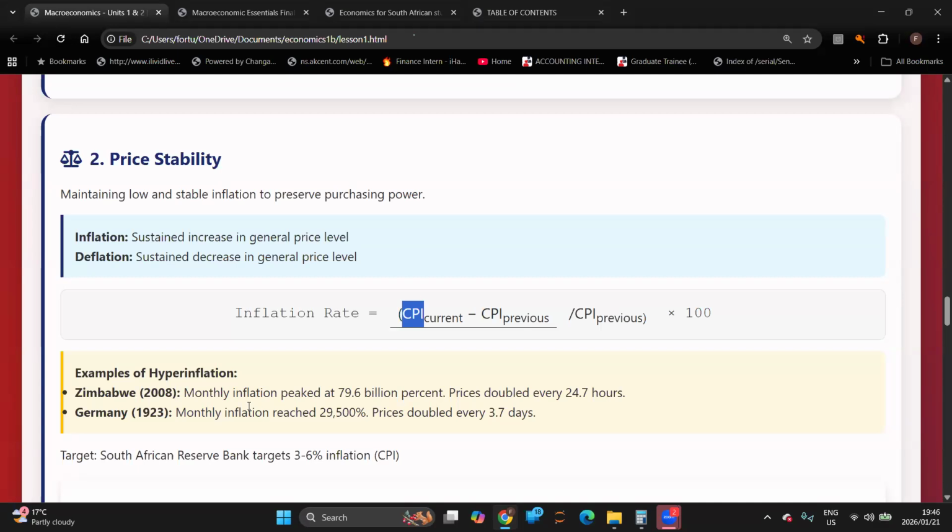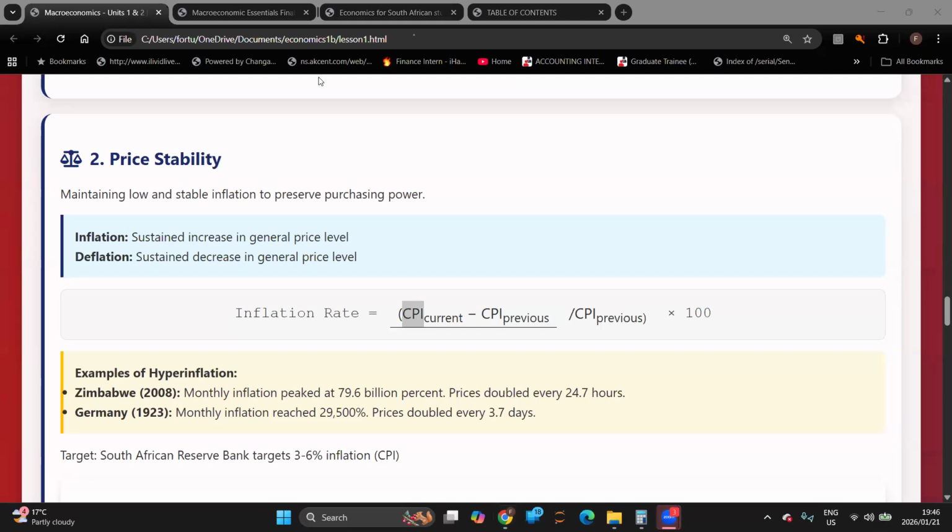So inflation is regarded as the number one public enemy of any economy. They have to look at inflation very closely and monitor it to ensure that it is maintained delicately in such a way that the economy is.